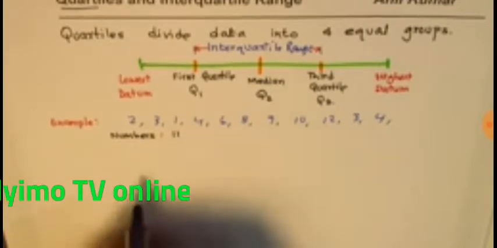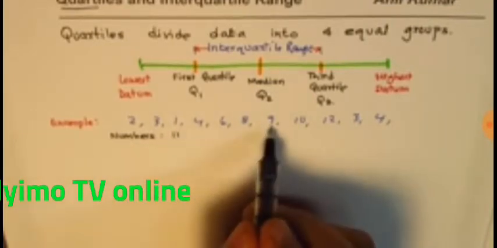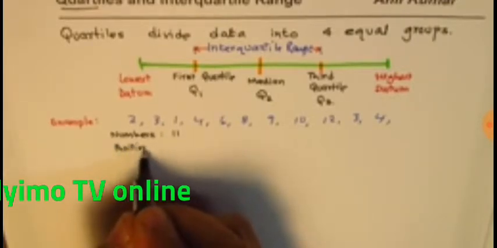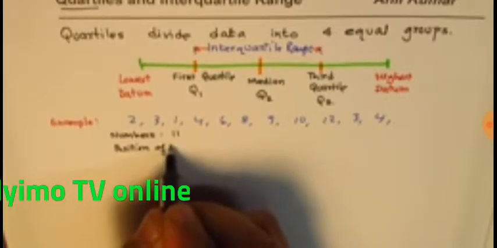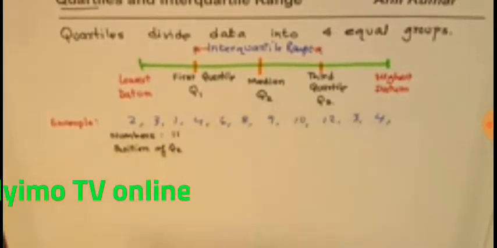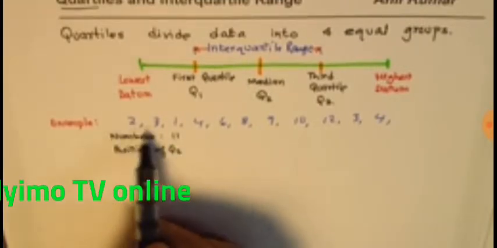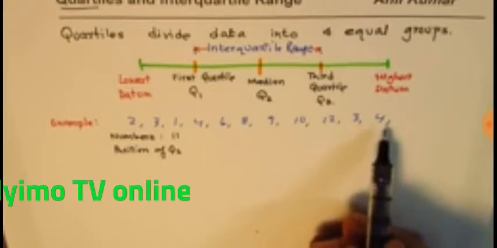Now if I want to find the center value, that means the position of Q2. Let's start with the center. How do I find it? Well, the first step should be to arrange them in a particular order, right?